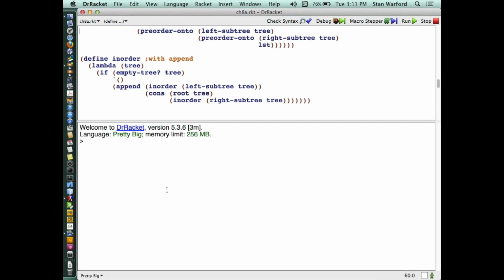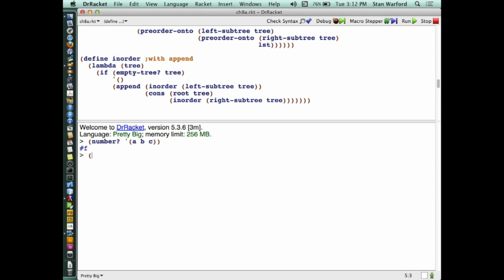And check this out. So here's our demo. So what did we say the base case of an expression tree is? A number. So how are we going to check for that? Well, fortunately, watch this. Number. And what do you think? Is that a number?